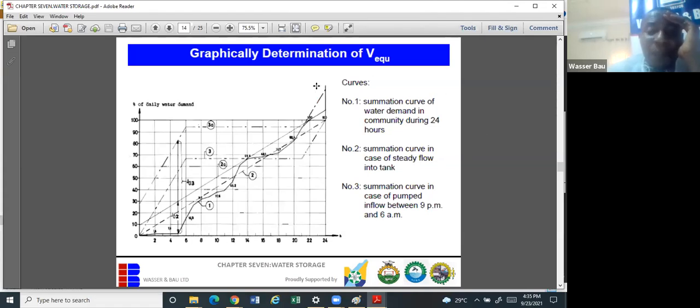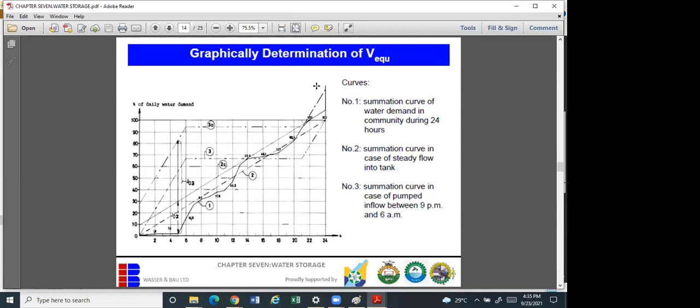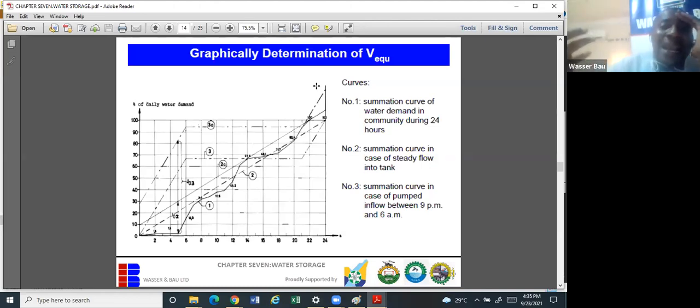So if you are using a shorter period, you're going to get a bigger tank size. If you are pumping for a longer period, your tank size will be small. So it makes sense. If you're pumping for 2 hours, it means you're going to provide a bigger tank that will sustain you for the next 22 hours.